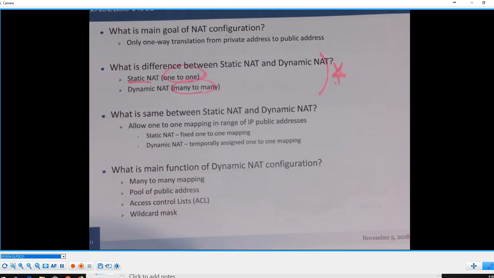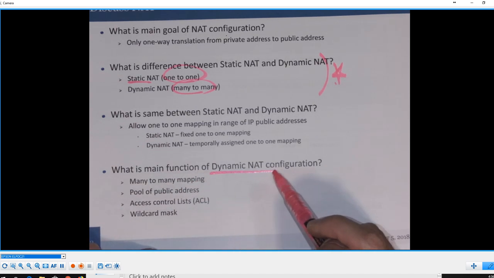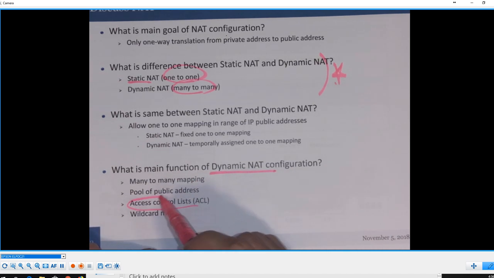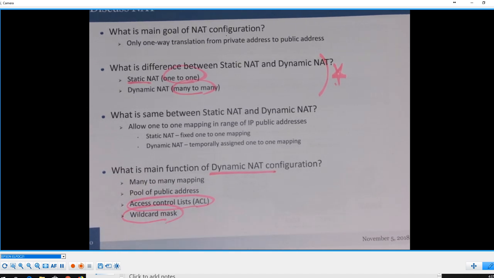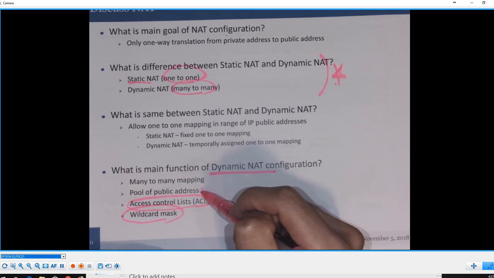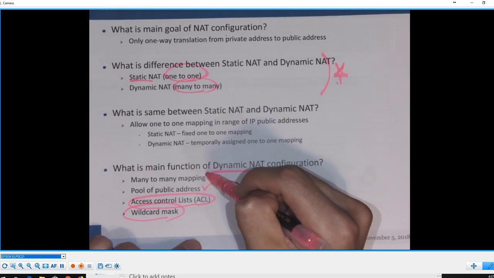And then when you use a dynamic NAT, you know that we can apply the access control list, okay? And then it uses a wildcard mask. And then I'll talk about this pool of public addresses in a minute. We know that it's many-to-many, right?